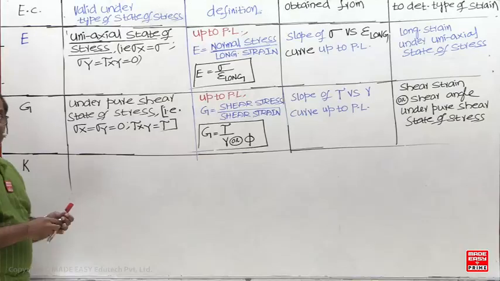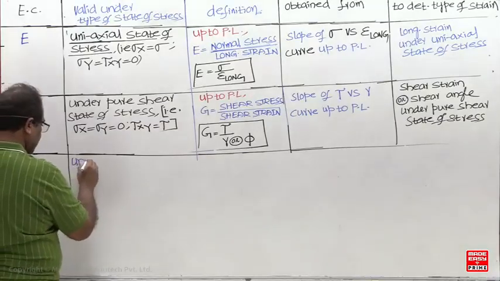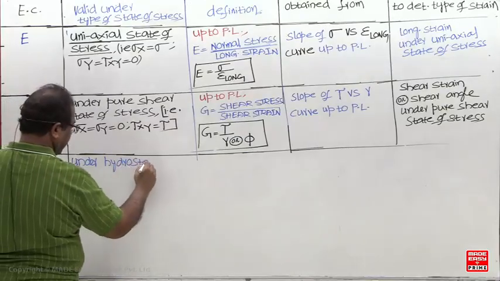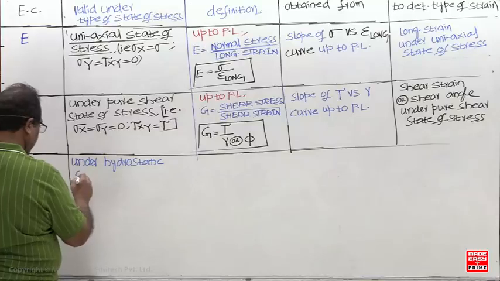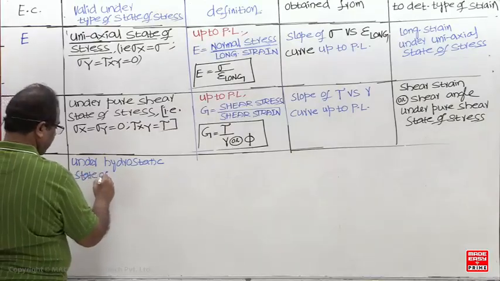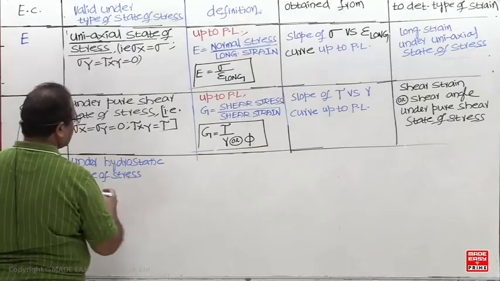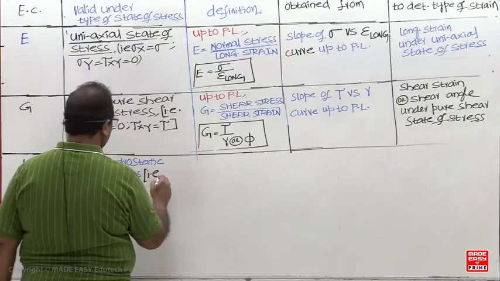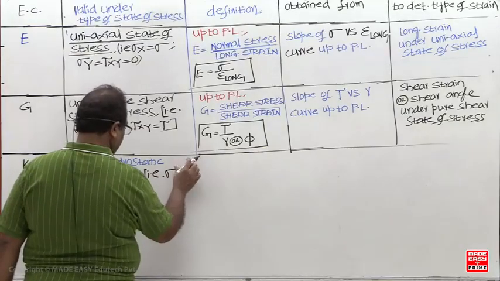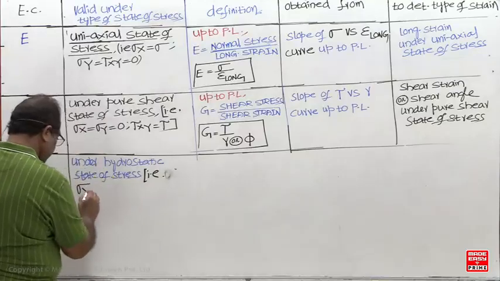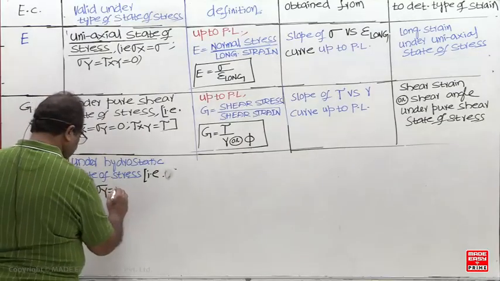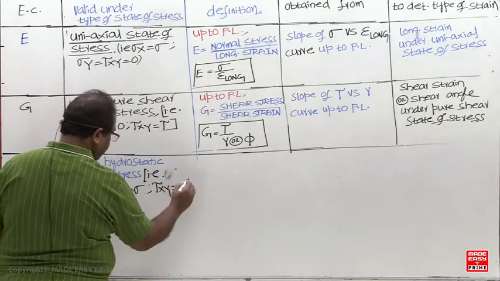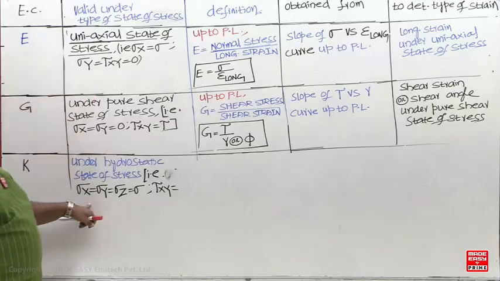Bulk modulus is valid under hydrostatic state of stress. It can be biaxial or uniaxial, or this is going to be triaxial.